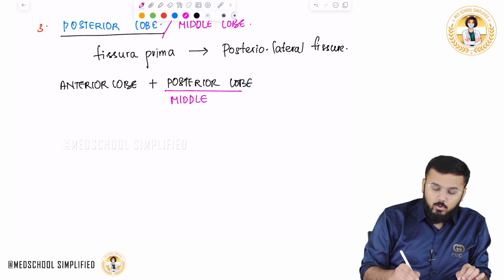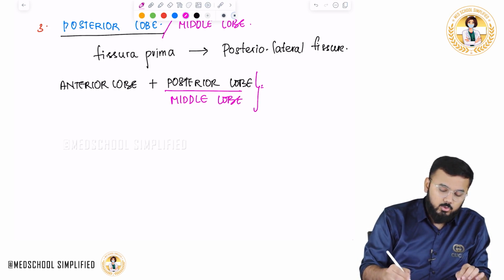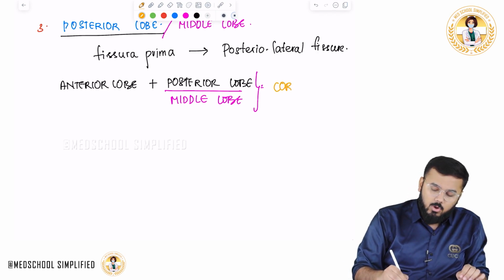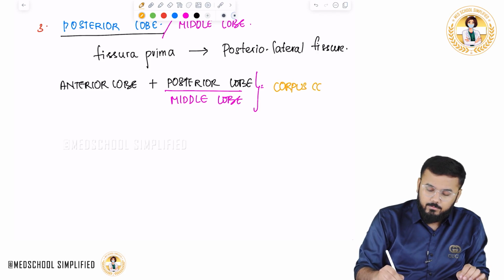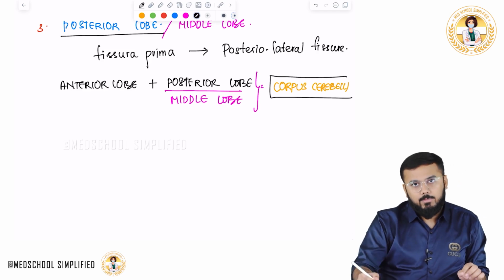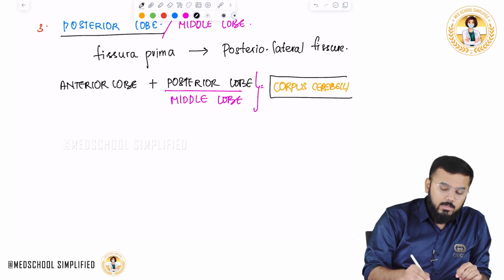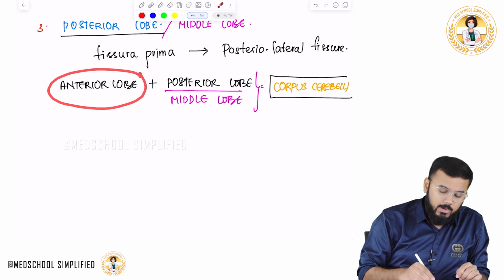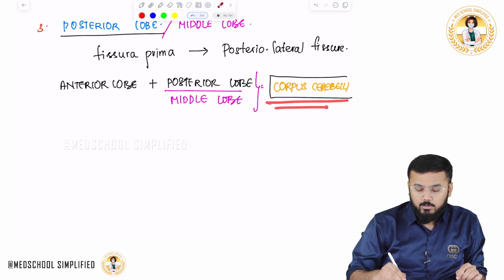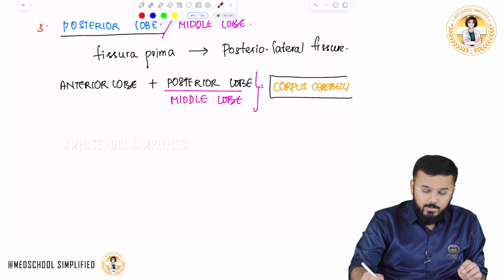So the anterior lobe and the posterior or middle lobe, these two together are given a special name called corpus cerebelli. So what is corpus cerebelli? Corpus cerebelli is nothing but your anterior lobe and posterior or middle lobe. Both of them together you call a corpus cerebelli.